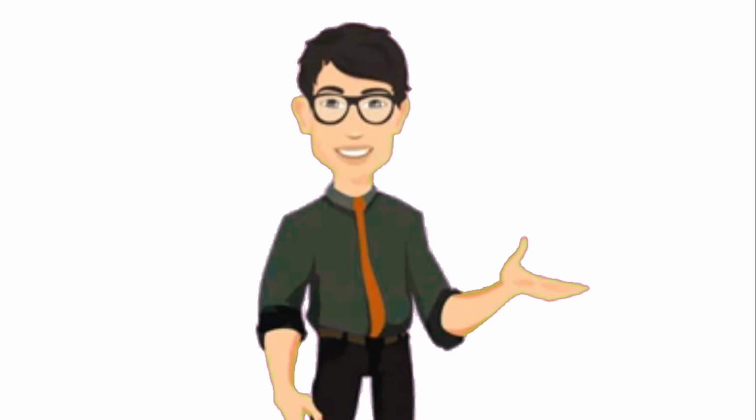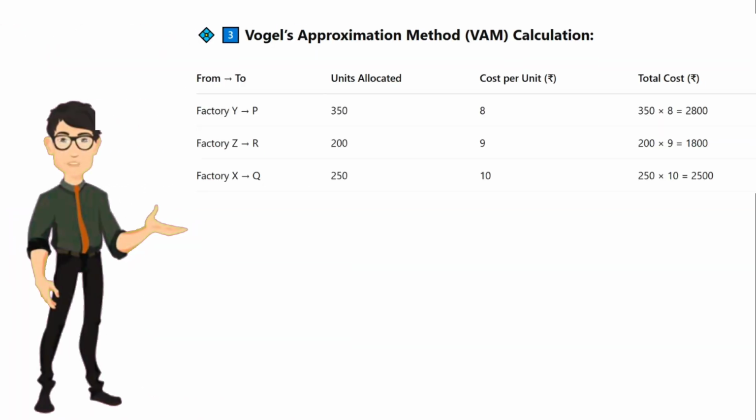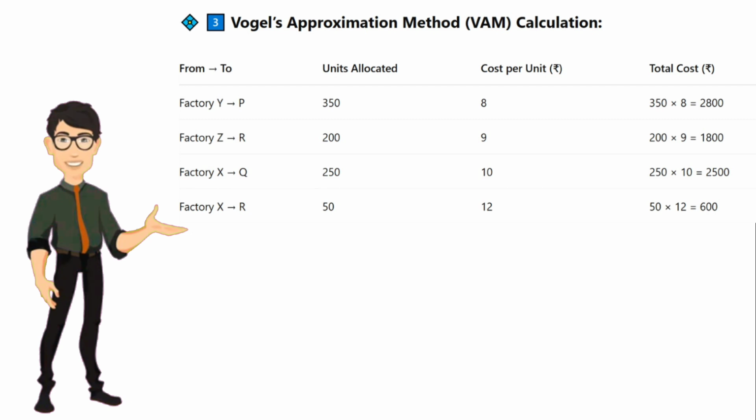Using Vogel's approximation method or VAM, the allocations were slightly different, but the cost turned out to be the same. 350 units from Factory Y to Center P at 8 equals 2,800. 200 units from Factory Z to Center R at 9 equals 1,800. 250 units from Factory X to Center Q at 10 gives 2,500. 50 units from Factory X to Center R at 12 adds 600.